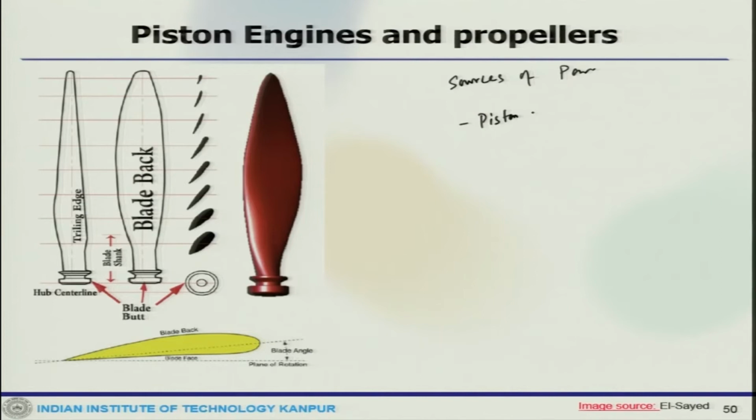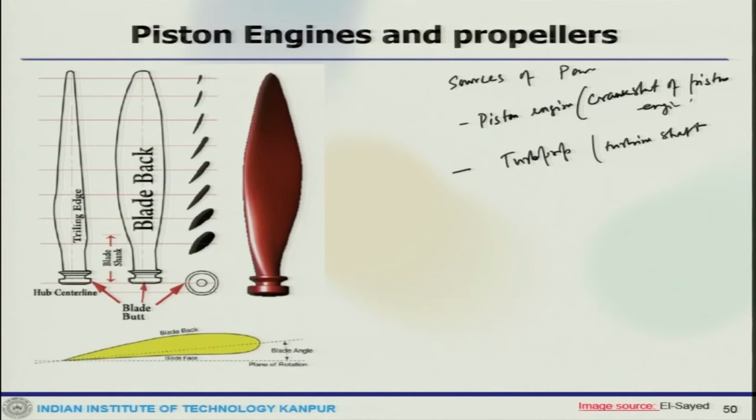It could be driven by the crankshaft of a piston engine, or it could be a turboprop, where the turbine shaft of a turboprop engine drives it. To run this kind of propeller blades, we need power, and the power comes from either piston engines or turboprop engines.